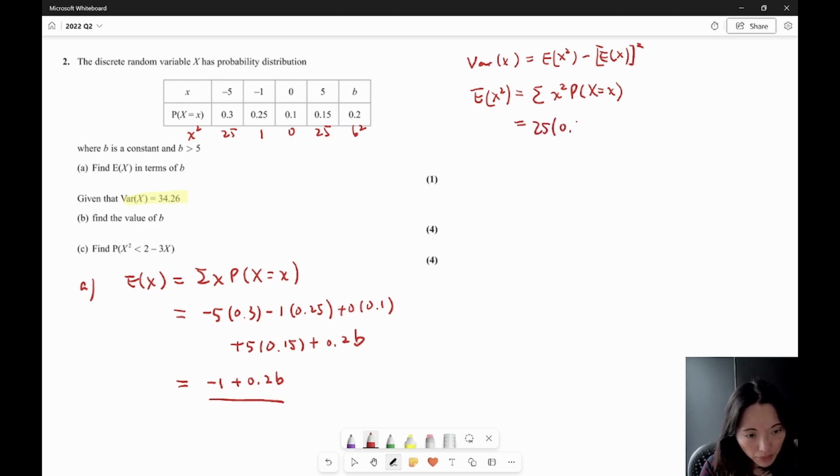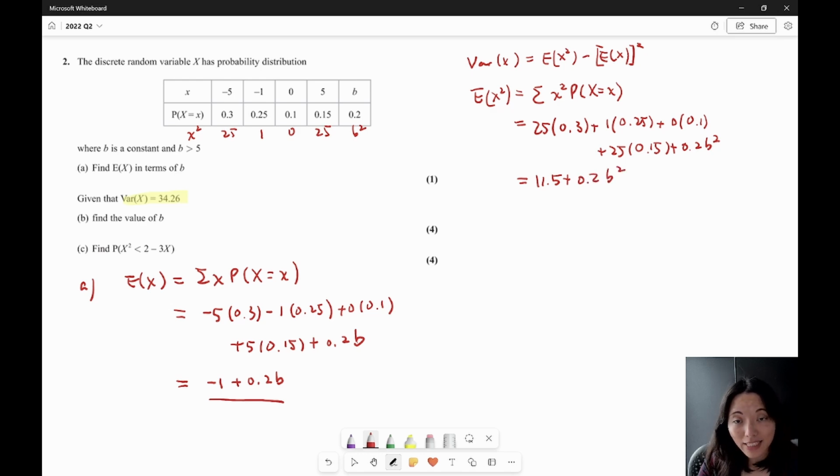This gives us 25 times 0.3 plus 1 times 0.25 plus 0 times 0.1 plus 25 times 0.15 plus 0.2 times b squared. Simplifying this, we get 11.5 plus 0.2b squared. So that's the expectation of x squared.